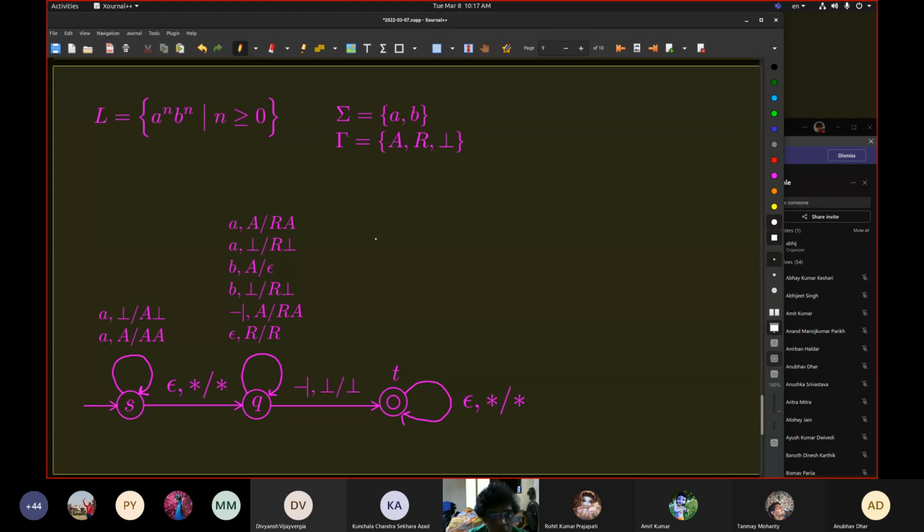Okay. So let's see what it does. Initially, if an a comes, capital A is pushed. If an a comes when this capital A is on the top of the stack, another A is pushed. This is the usual thing. Then there is an epsilon transition. Note that here there is no transition marked by b. Or, yeah, b, right?